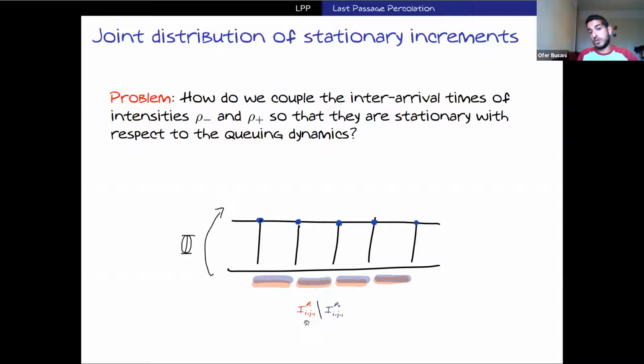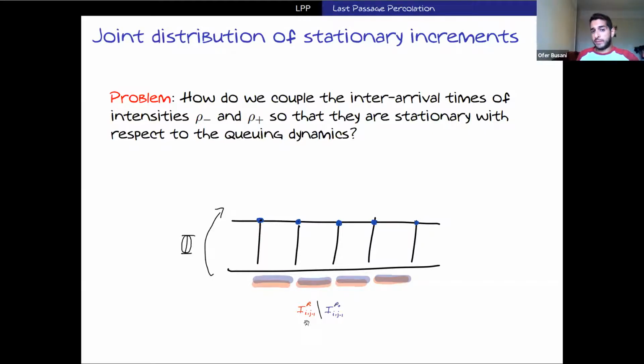Just by definition, you can couple the two sequences of weights on edges in such a way that the blue would be larger than the red. This is what it means to be stochastically larger than something else. So we can couple them together so that the blue dominates the red.